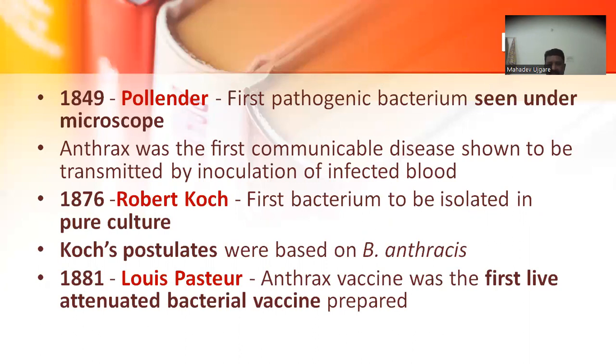This is the bacillus which was first observed under the microscope, the first communicable disease shown to be transmitted by inoculation of infected blood, the first bacterium isolated in pure culture, and the first bacillus used for the preparation of the first live attenuated bacterial vaccine.